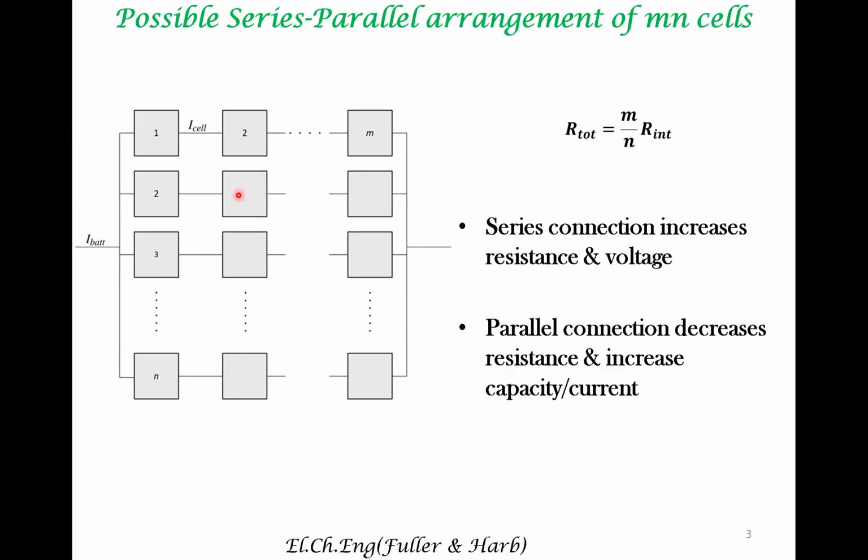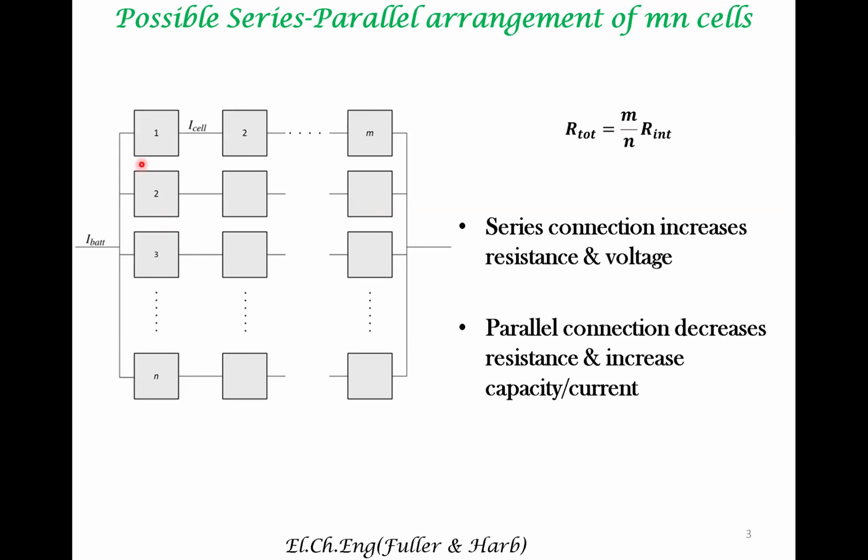However, when these strings of cells are connected in parallel, the resistance decreases because there are many paths for current conduction, and overall there is an increase in capacity and current.